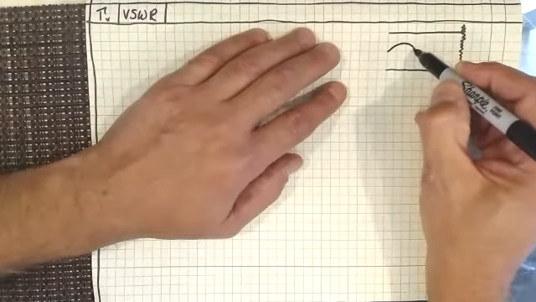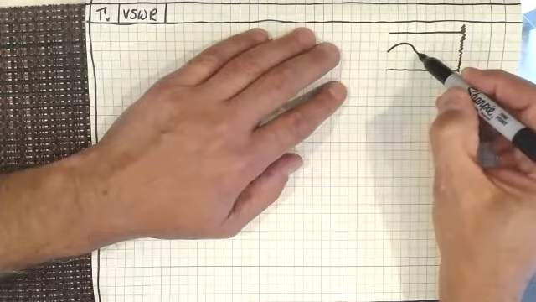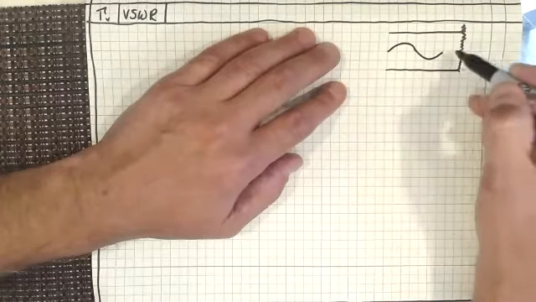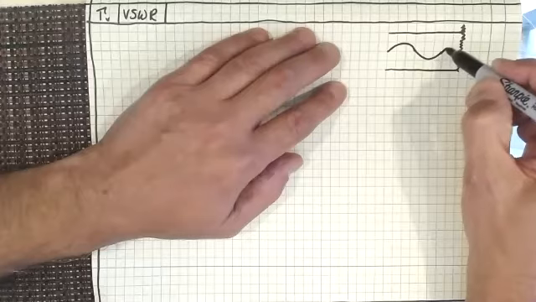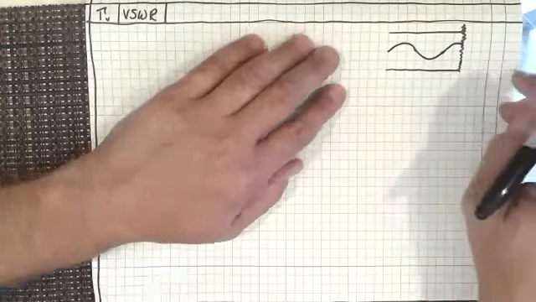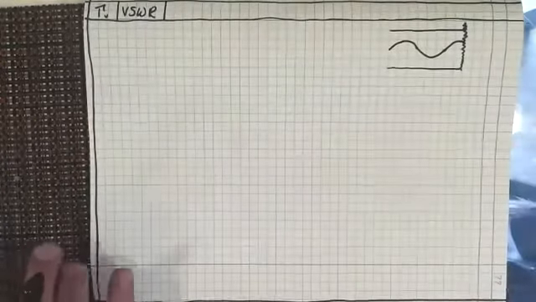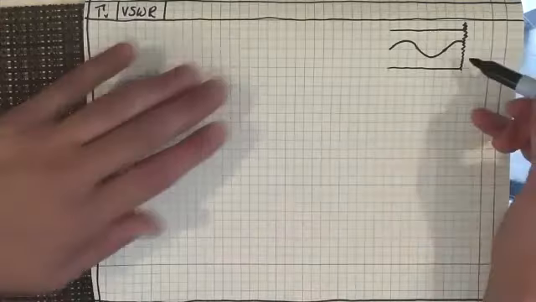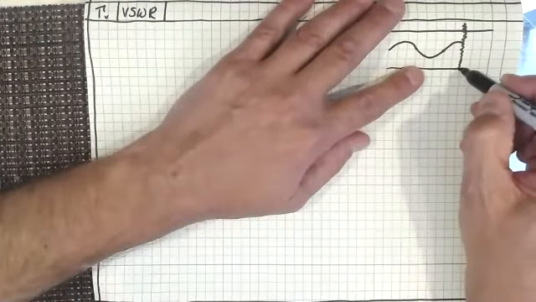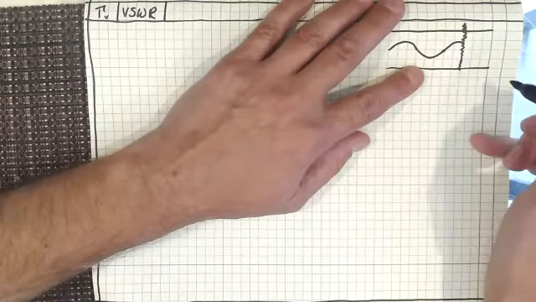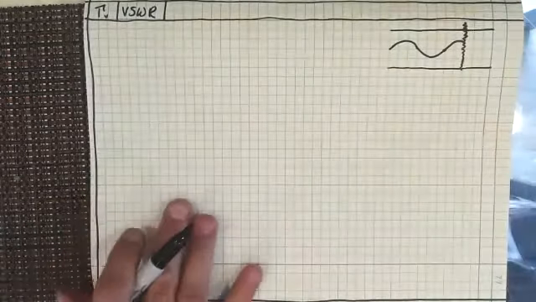I've got a wave propagating down that waveguide, and it comes to some type of, now this could be a mismatch of impedance between two waveguides.